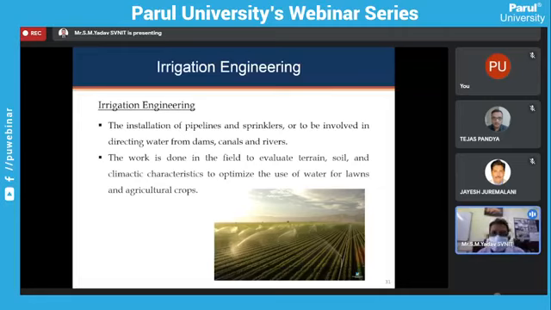So laying of pipelines and sprinklers is involved in directing water from dams, canals, and rivers. The work is done in the field to evaluate terrain, soil, and climatic characteristics to optimize the use of water for lawns and agriculture crops.